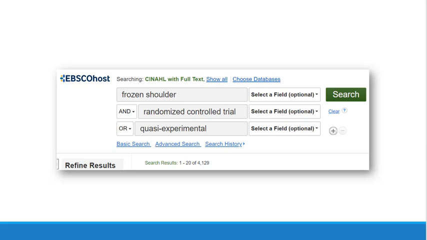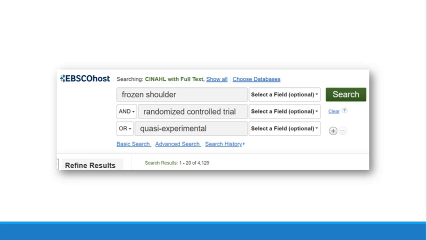Now, if I wanted to do a systematic review, I should just focus on the randomized control trials. If I was wanting to do a scoping review, I would need to really work and massage the keywords. And so what do I mean by that? Well, frozen shoulder here in randomized controlled trial and quasi-experimental, that could include medical provider treatments.